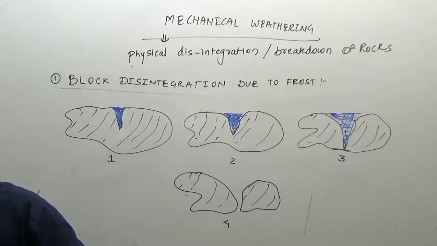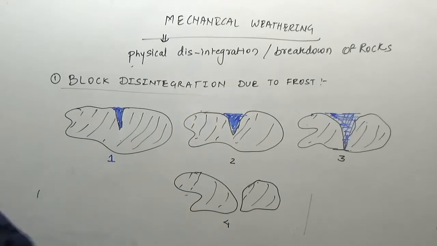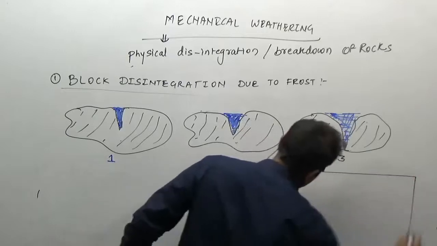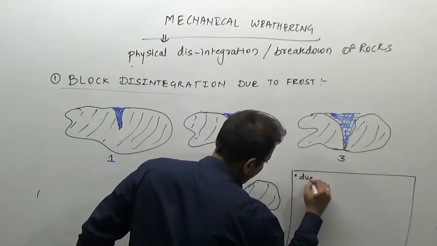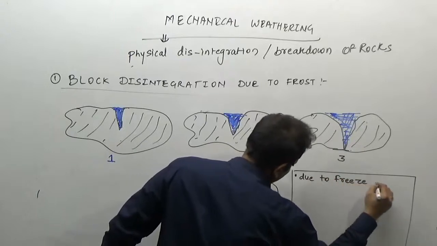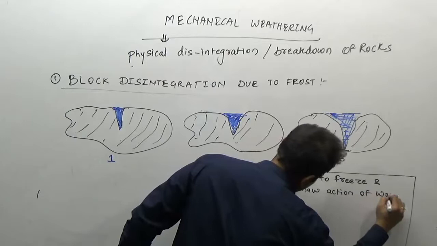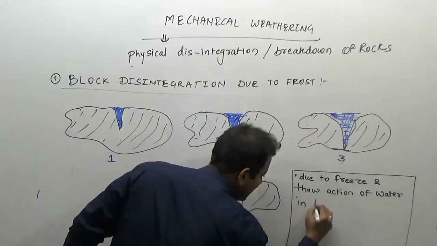So block disintegration of the rocks is a kind of weathering which occurs due to the freeze and thaw action of water, especially in the temperate regions.